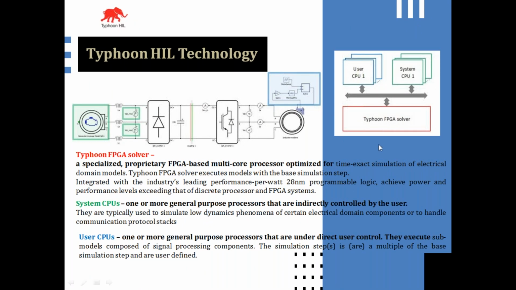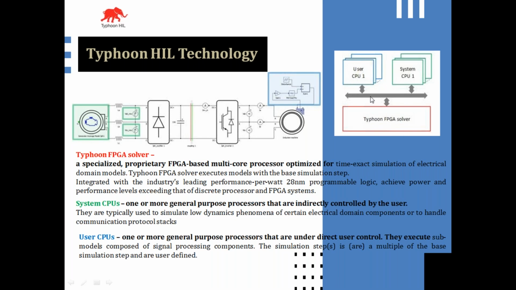I'll tell you how these FPGA solvers work in my later slides. Integrated with the industry's leading performance, this 28 nanometer programmable logic achieves power and performance levels. So this is the main work of this FPGA system.